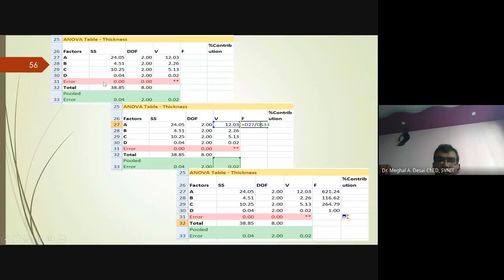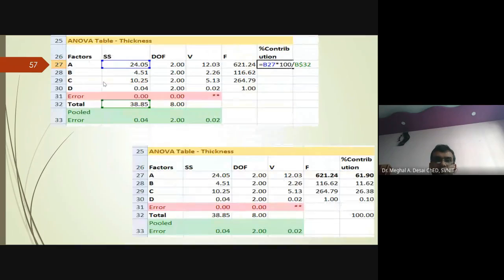As I have explained earlier, before performing the experiment, you will have an idea whether the error will appear or not, or whether you have to go for pooled error or not. Then the contribution: factor A divided by total value, you can find the contribution. And you can see that 61% impact is due to factor A for thickness.